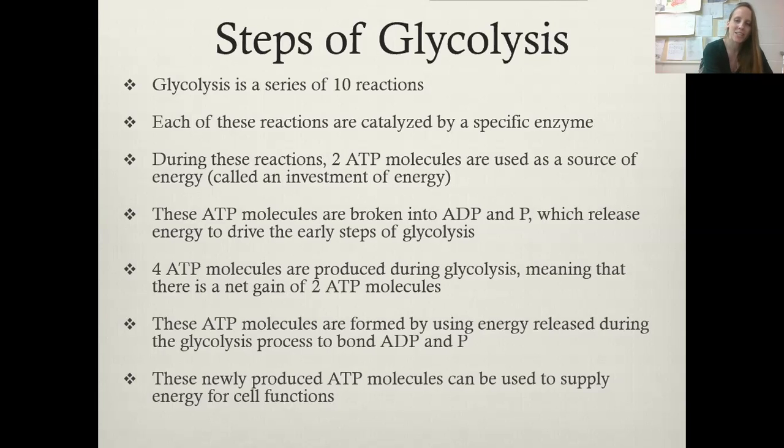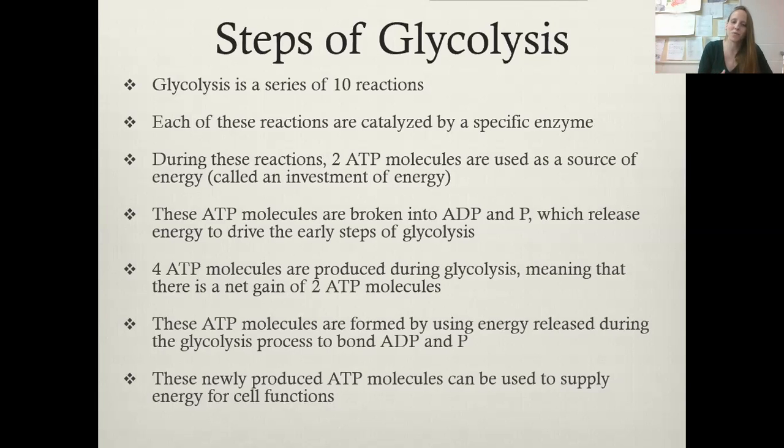During these reactions, you do actually need to put in 2 ATP in order to kickstart this reaction. It's called an investment of energy. You're putting energy in order to get more energy out. So we break those 2 ATPs, break their phosphates off the end, that releases energy, allows us to power this glycolysis reaction.